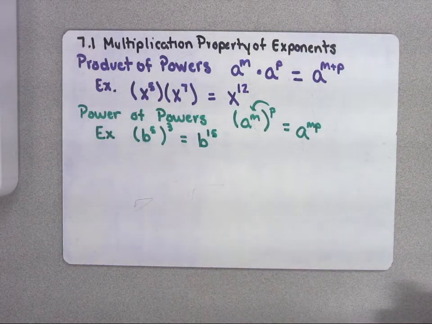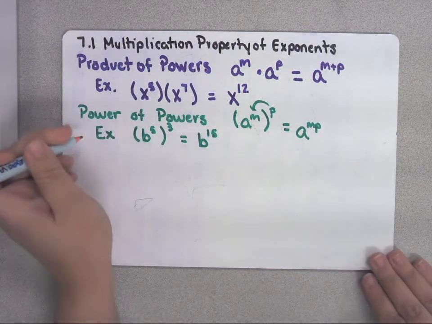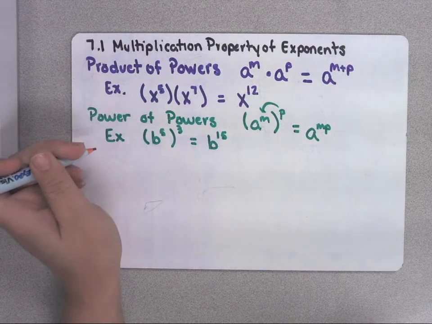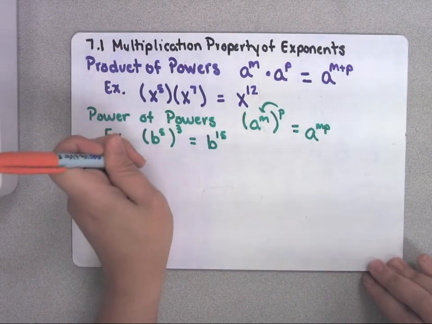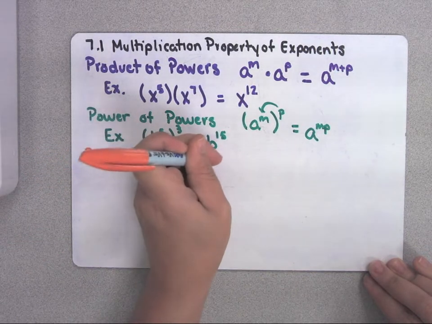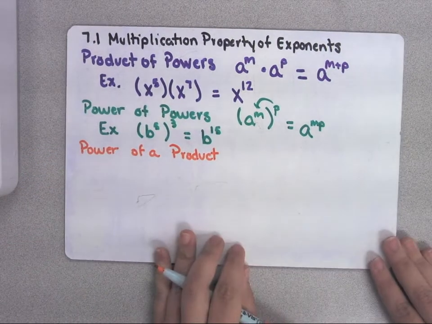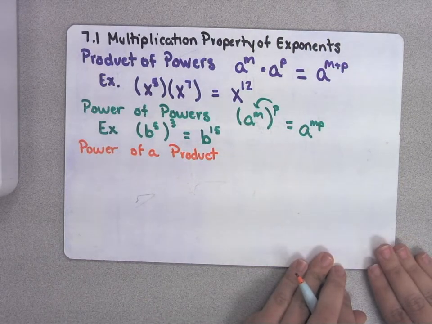Last multiplication property, there's properties of the other kind, but this is just multiplication, is called power of a product. All kinds of colors for you today.